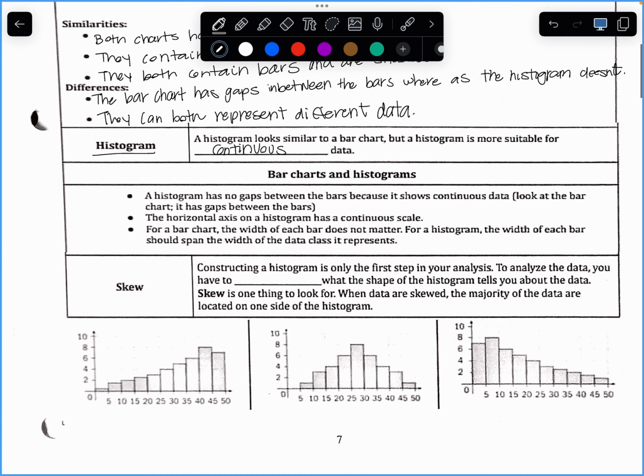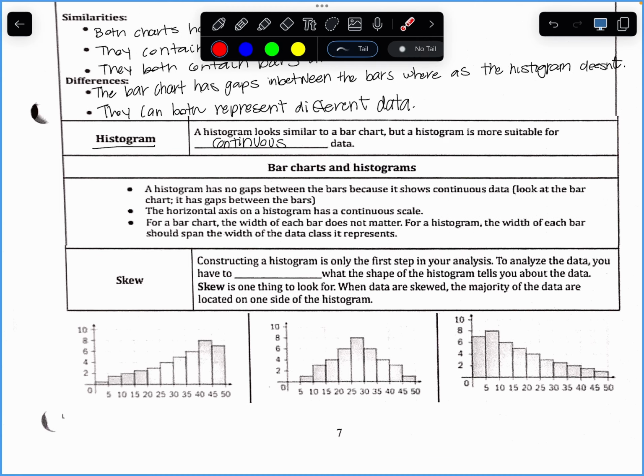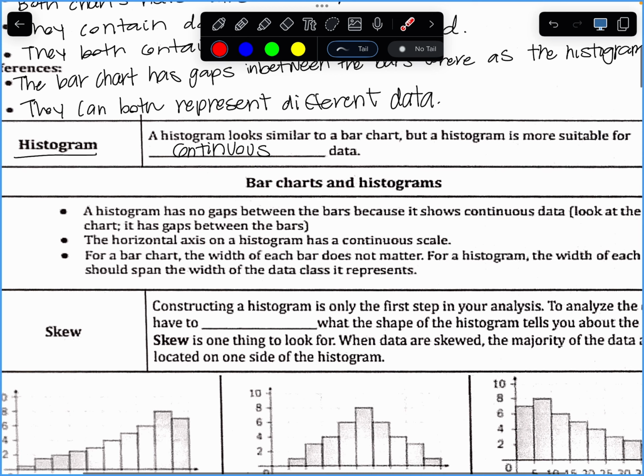Bar charts and histograms. Here are a few fun facts. A histogram has no gaps between the bars because it shows continuous data. A bar chart has gaps between the bars, whereas a histogram doesn't.